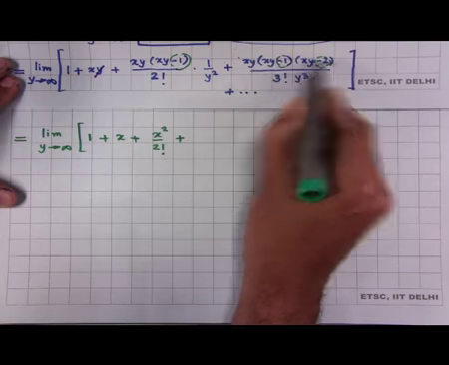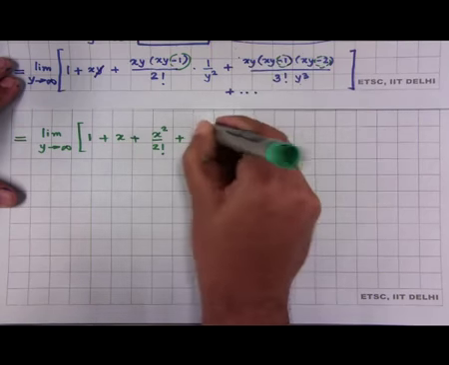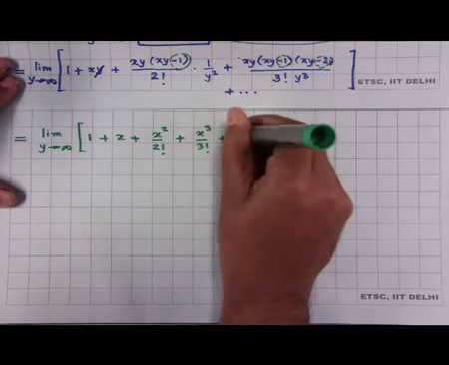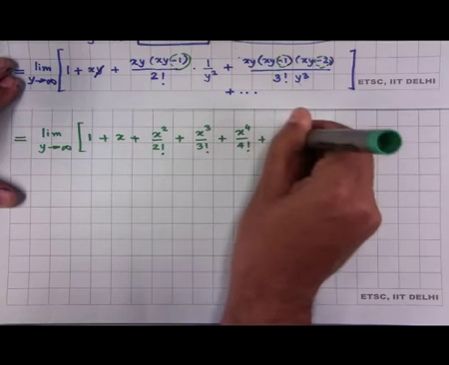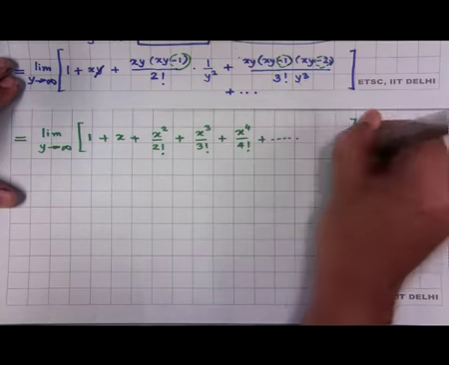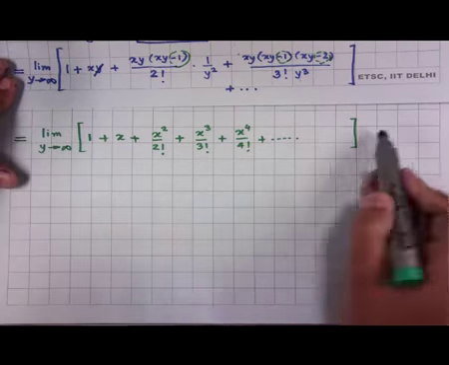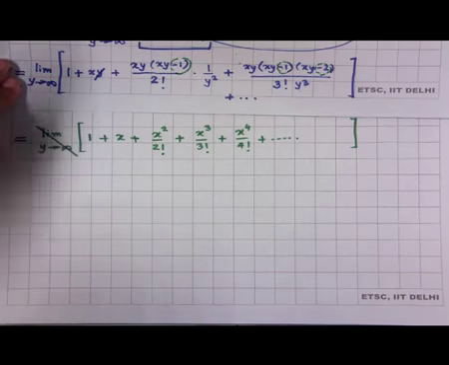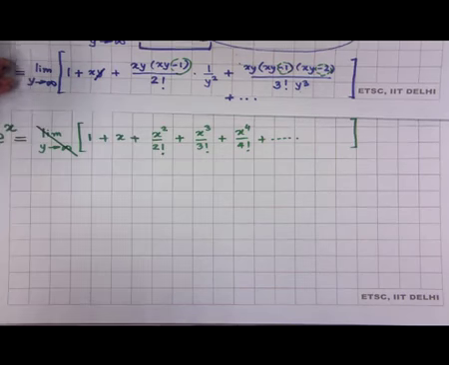So, these terms go away, y's go away, I get x cube by 3 factorial, and then I will have x power 4 by 4 factorial, and so on and so forth. And of course, limit y tends to infinity is irrelevant because there is no y inside this. So, I do not have to bother about this. So, this whole thing is e to the power x.